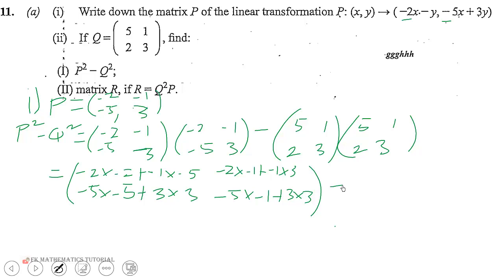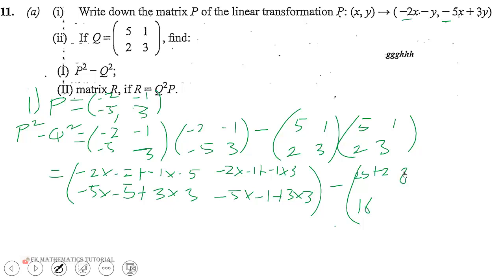Minus, so this one we repeat the same process here. 5 times 5, which is 25, plus 2 times 1, so plus 2. Then we have 2 times 5, which is 10, plus 6, which is 16. Then we have 5 times 1, which is 5, plus 1 times 3, which is 8.